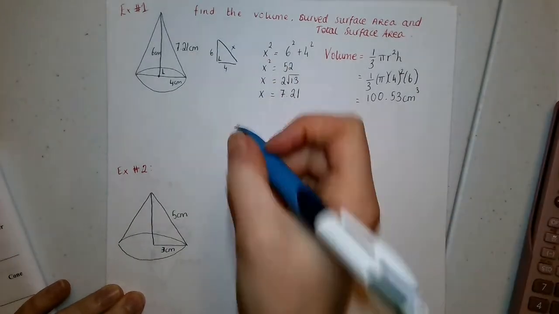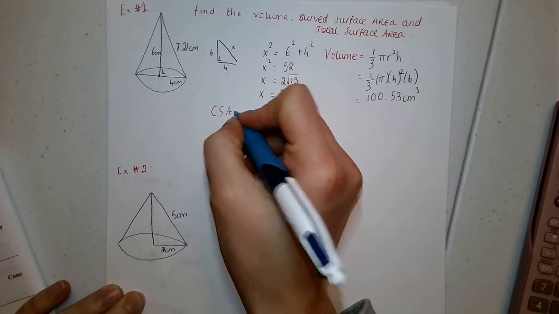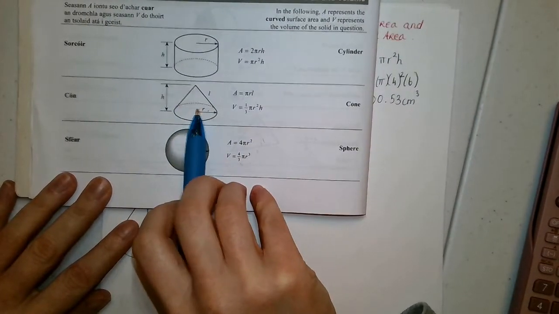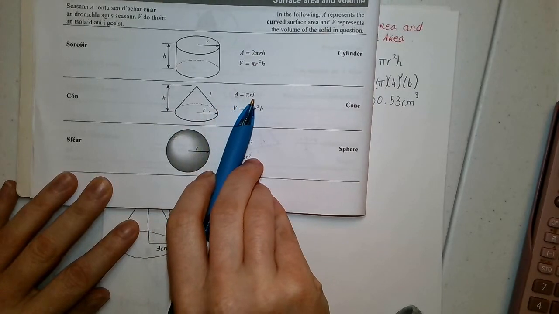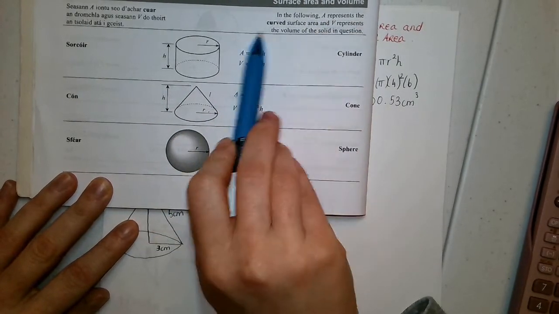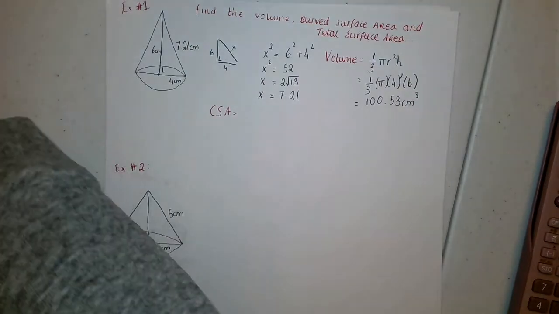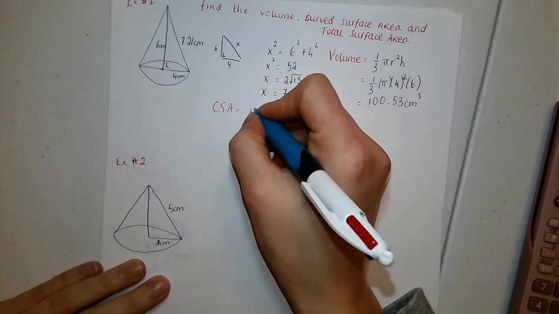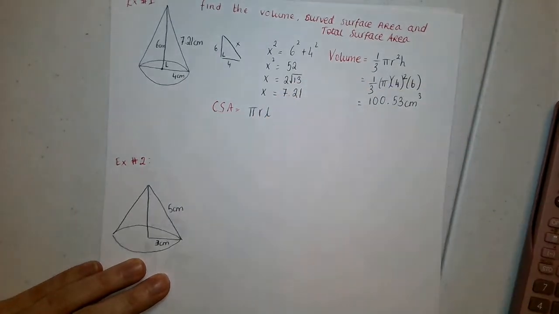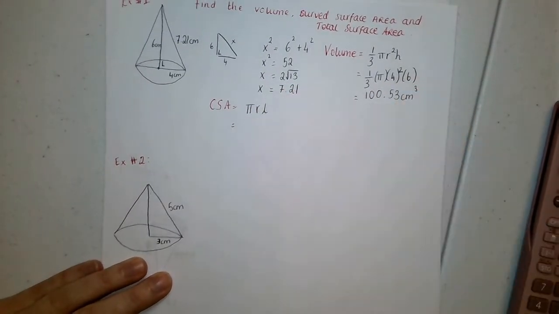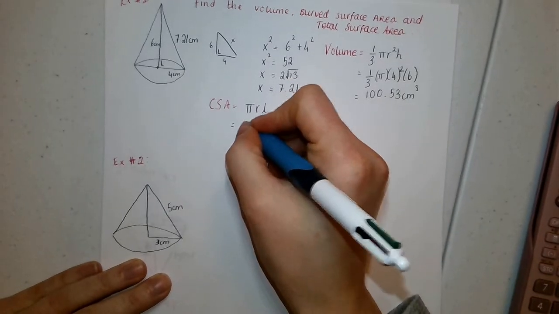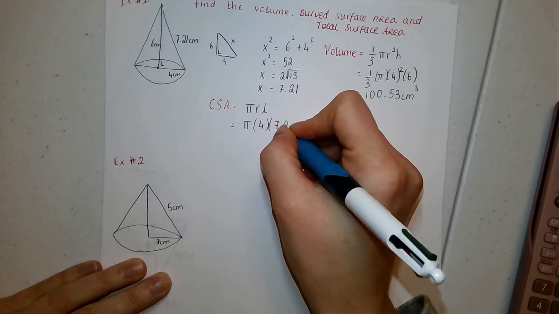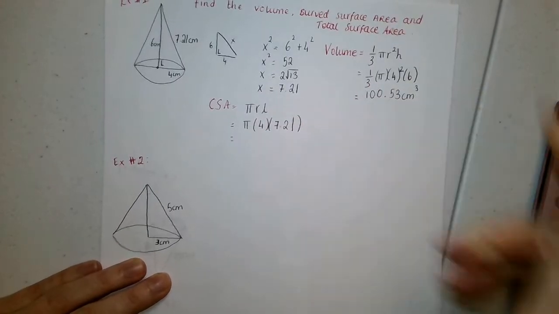Next up we're going to find the curved surface area. Really important that that's the formula that's given in the formula table. So we are given A equals pi r L, so A represents the curved surface area. So pi r L here, I'm going to sub that in. That's our formula, and then all our values are pi times r, which is 4, times the slant height, which we found at the very beginning of the question, 7.21.